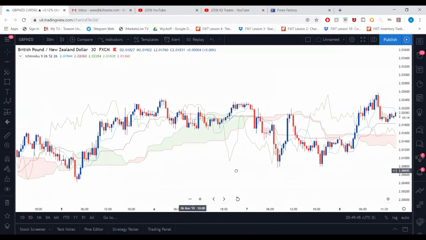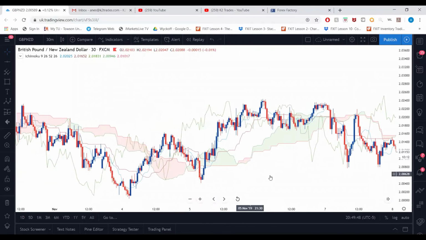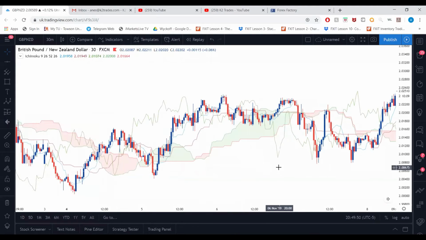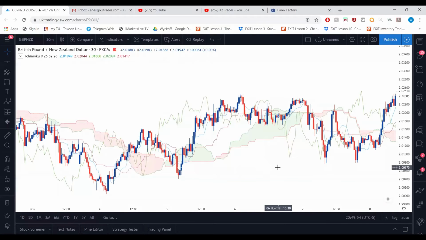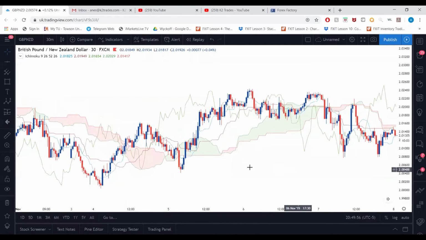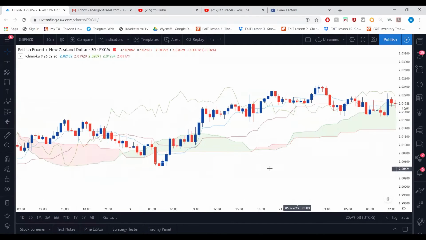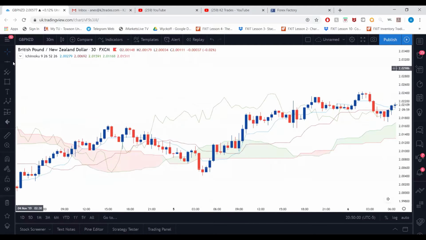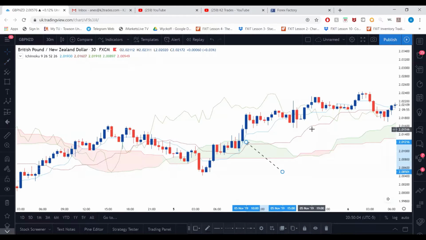But I don't, because I look for some other things that I was showing in the beginning, and I can find much better entries. For example, if I was relying just on Ichimoku, I would have waited all the way here to enter this buy, right?